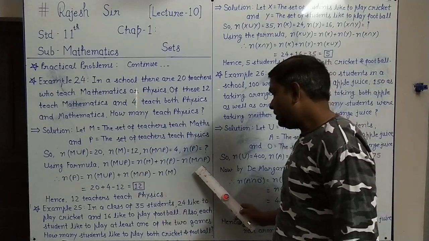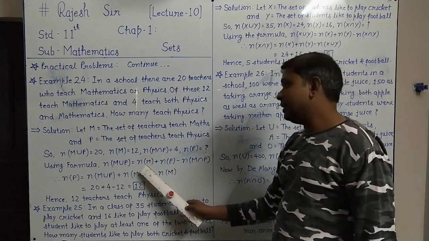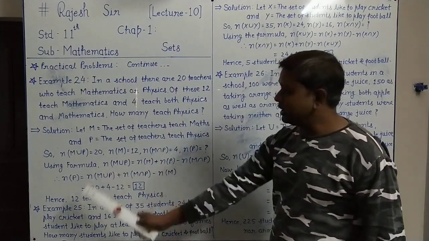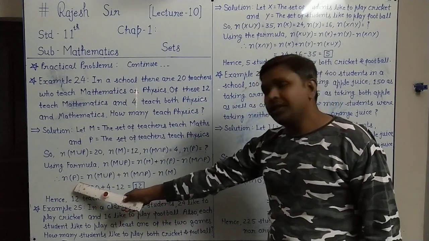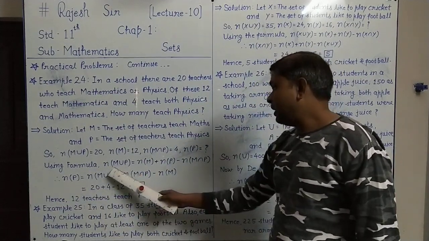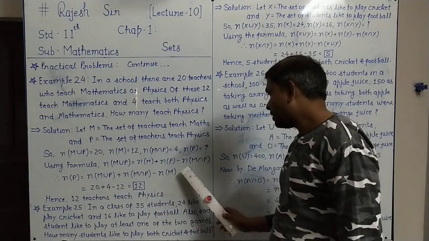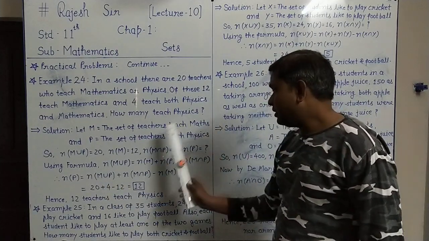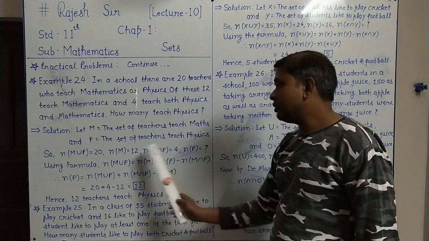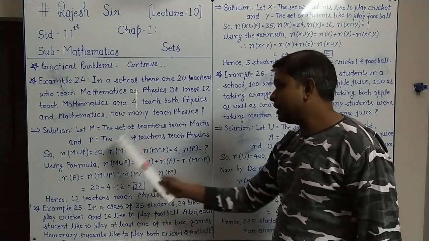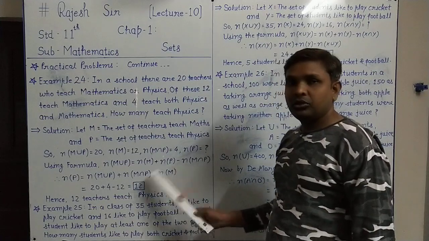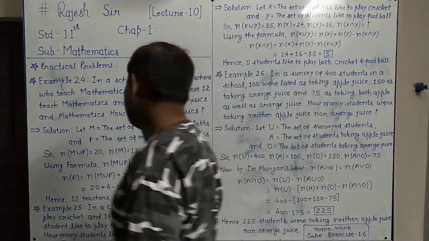Taking n(M intersection P) and n(M) to the left side, n(P) equals n(M union P) plus n(M intersection P) minus n(M). This is the mathematical operation, simple, you know.